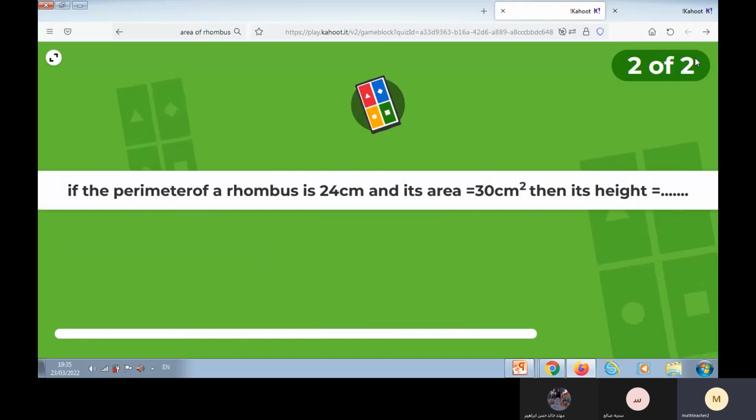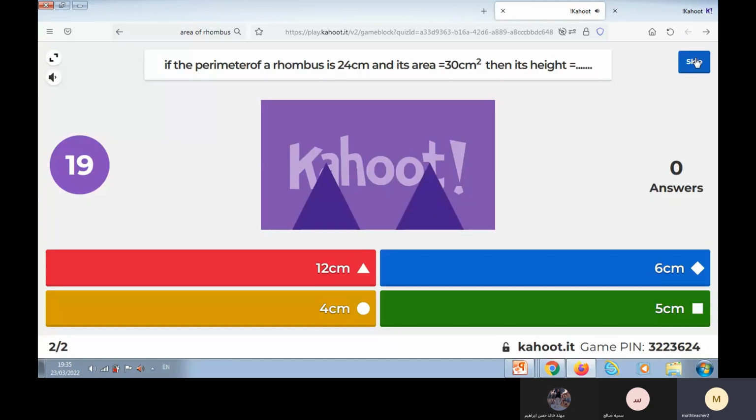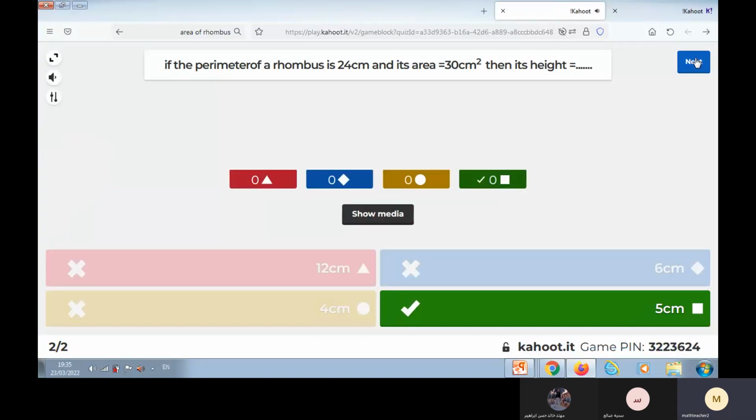If the perimeter of a rhombus is 24 centimeter and the area is 30 centimeter, then its height equal... excellent, Sumay.